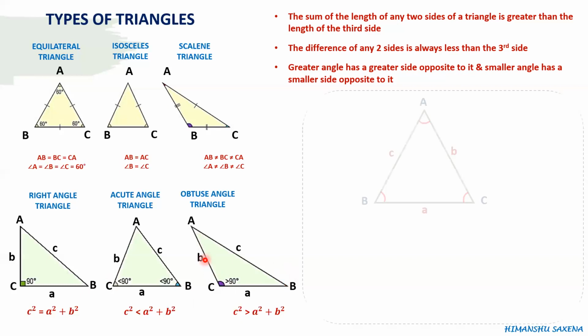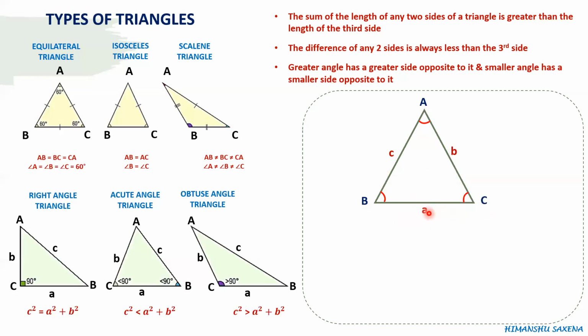Now let's talk about two more rules, the sine rule and the cosine rule. While sine and cosine are typically taught in trigonometry classes, since these two rules are associated with triangles, we are covering them here. If you look at this triangle ABC, we have denoted the lengths of the sides by small a, b and c.